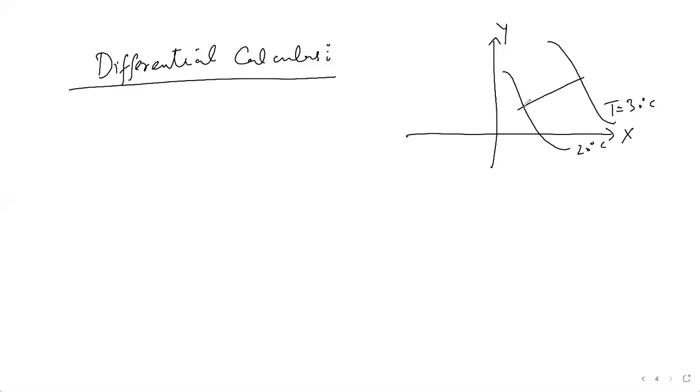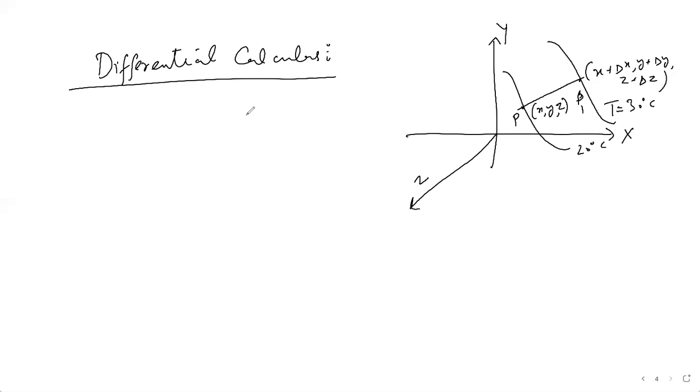Then I measure a point P which has a coordinate x, y, z, if this is my z axis. And let's say I have another point P1, which has a coordinate x plus delta x, y plus delta y and z plus delta z.